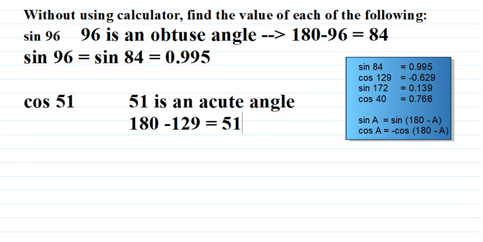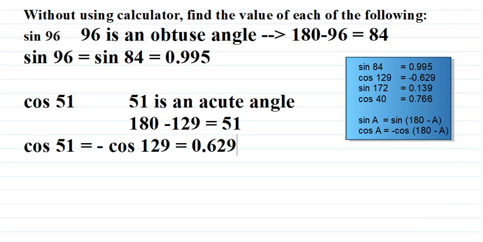That means cos 51 is actually negative cos 129. Negative times negative will be positive 0.629.